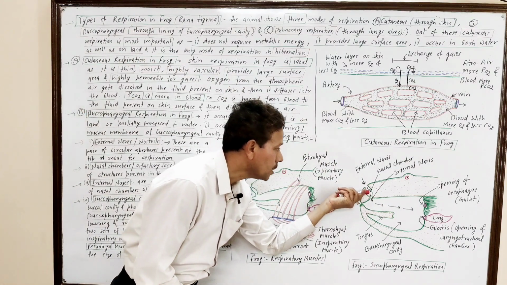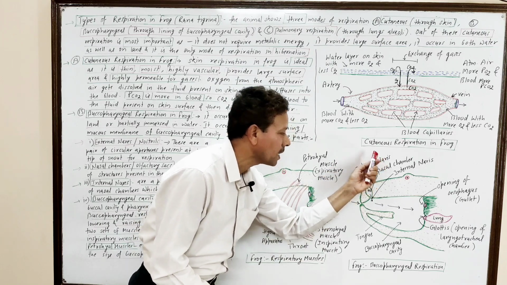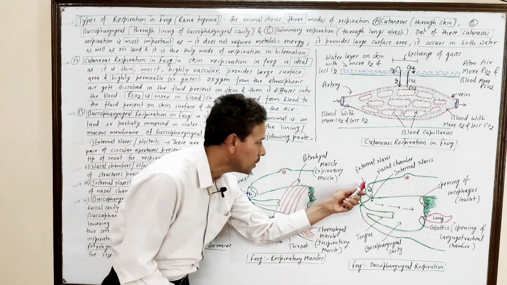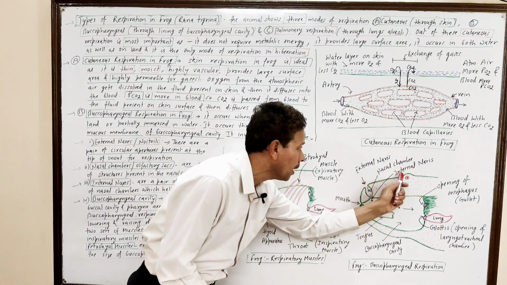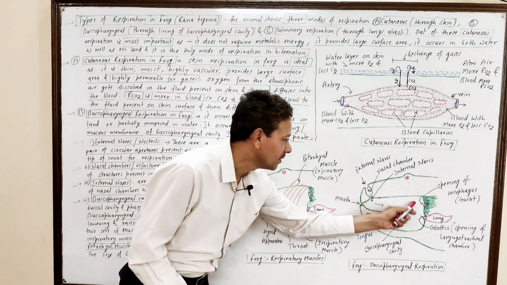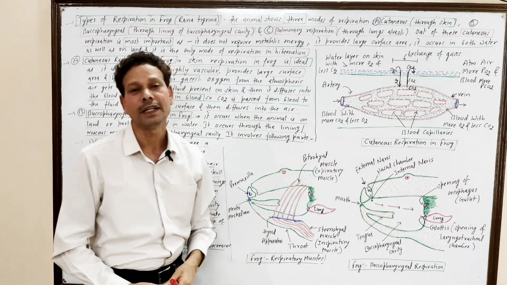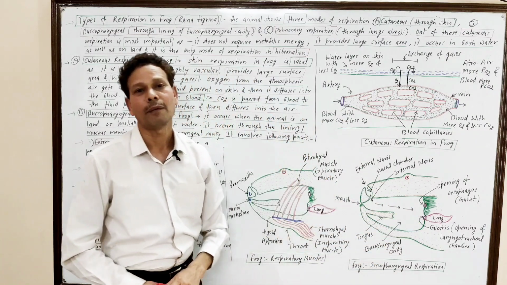The nasal chambers open outside by a pair of external nares, and internally they open by a pair of internal nares, which lead into a large cavity, the buccopharyngeal cavity.